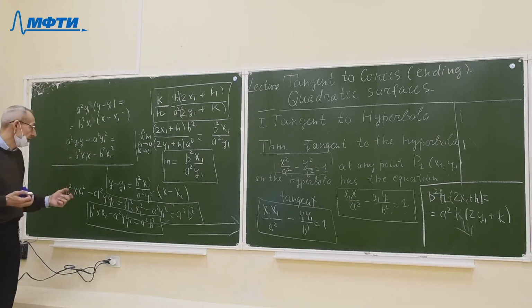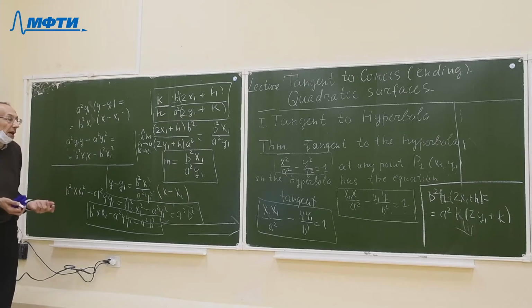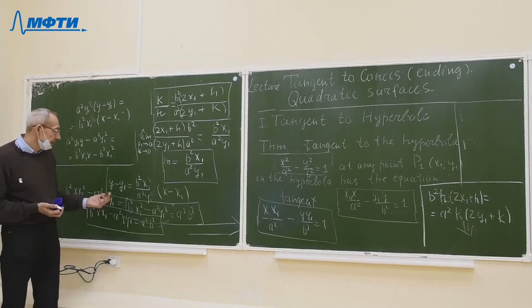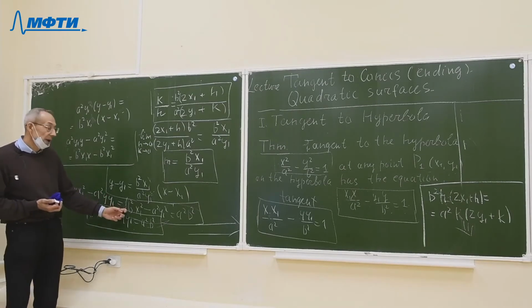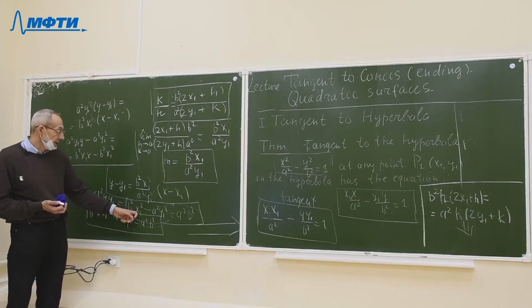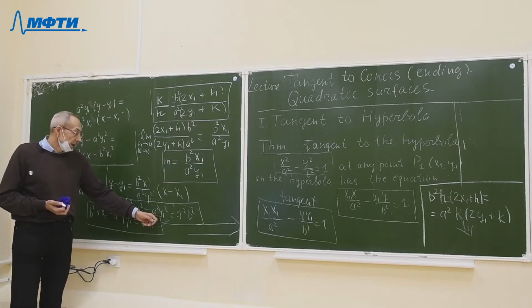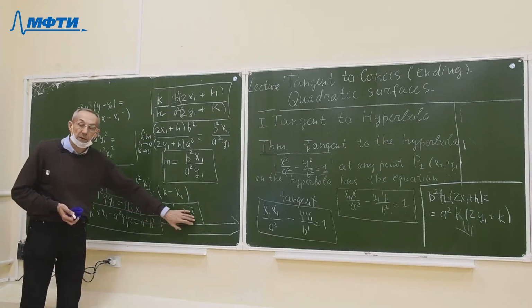The equation of the hyperbola is satisfied by the coordinates of any point which lies on the hyperbola. And because we have the equality b squared x1 squared minus a squared y1 squared is equal to this.